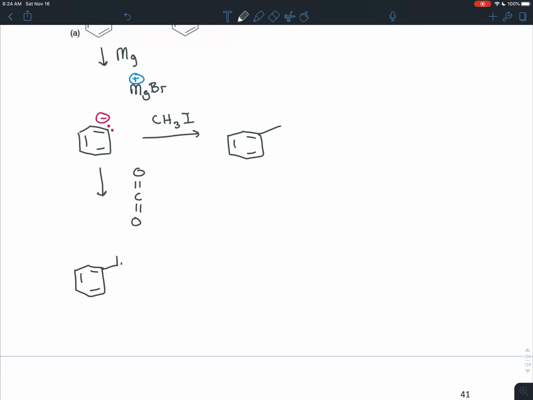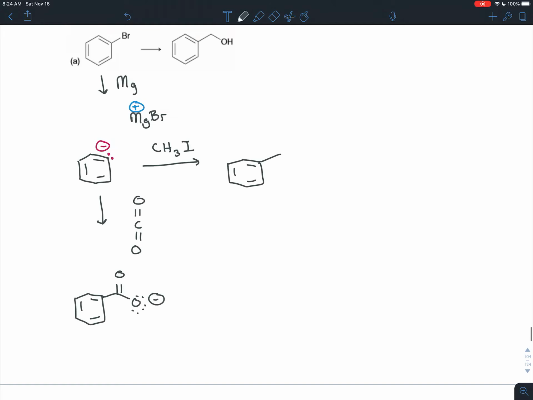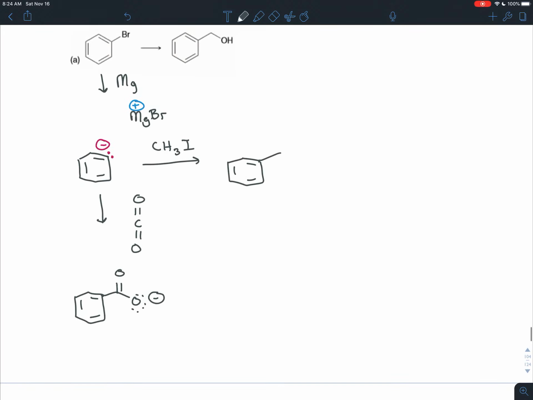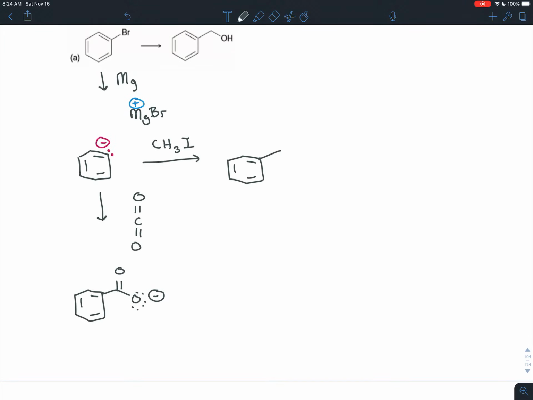So the benzene ring with the two O's, one of them has a negative charge. So you'd have to stabilize that negative charge. We'll come back to that in a second. Right now, let's continue with this carboxylate. If we treated that with H3O+, just to stabilize that charge, we'd have benzoic acid.